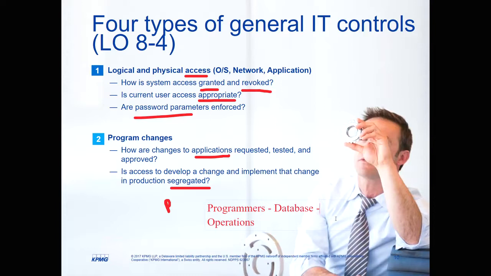And so a lot of times we'll look at these three areas to make sure that we have good segregation of duties. Because if you start letting someone make a change, give them access to the underlying data, and allow them to run a job on their own, then they can commit a fraud pretty easily, right? And so we want to avoid that. So we'll segregate, since so much is done with the applications now and through the software, we want to segregate who can do what in relation to those applications, to make sure that we don't have fraud and error.